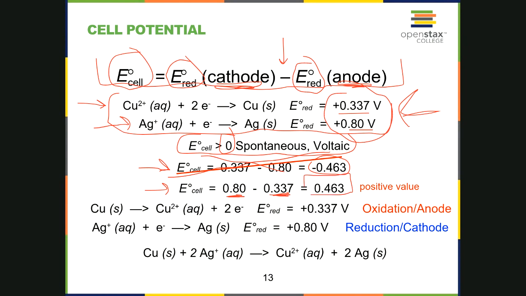Positive value. So that means now that we have figured out what is the cathode and what is the anode. Because if we have the 0.8 as our first value, then it is the cathode. If we have the 0.337, then that is the anode. Okay?